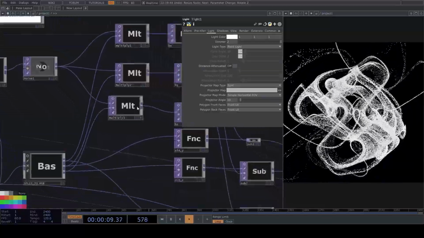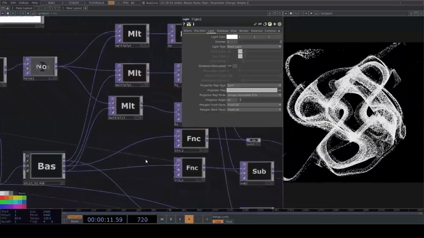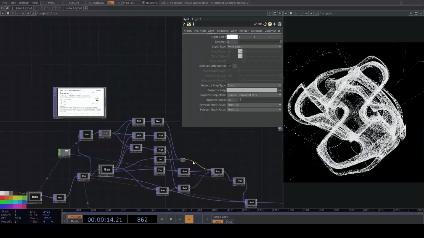Also, and now we could play with any node we have here.